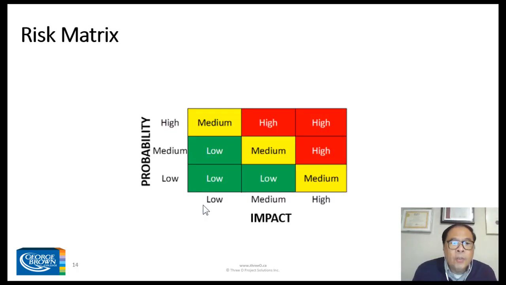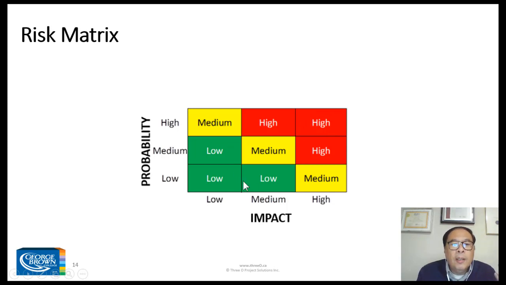Okay, so using this table or matrix, you'll probably be able to appreciate. If we had probability on one side and impact on the other side, a low probability and a low impact will end up as a low, but a high probability and a high impact would definitely end up in a red, like a high.